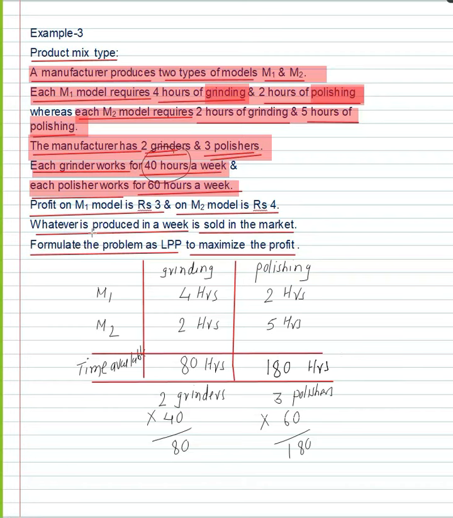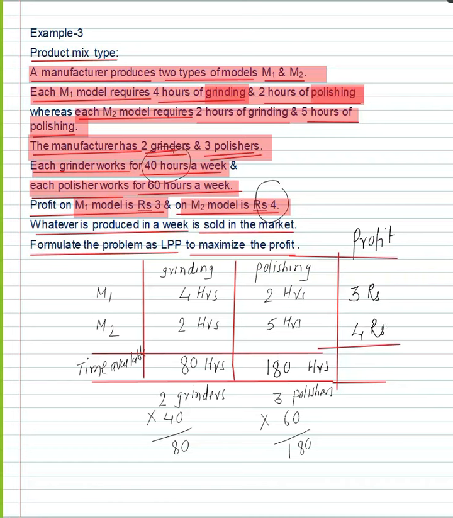It is given that profit on M1 model is rupees 3 and profit on M2 model is rupees 4. ₹3 is the profit on 1 unit of model M1 and ₹4 is the profit on 1 unit of model M2.